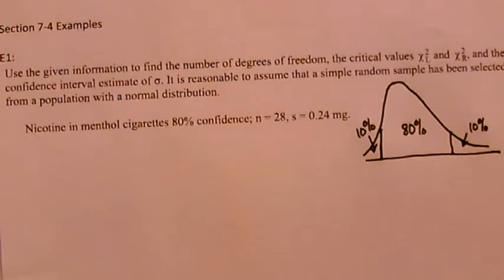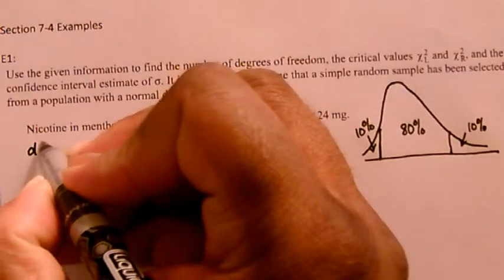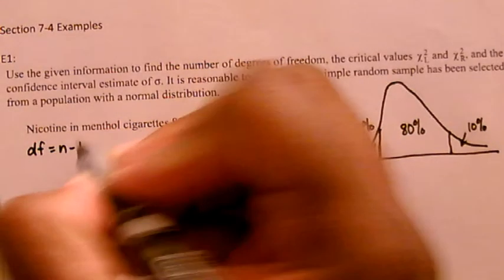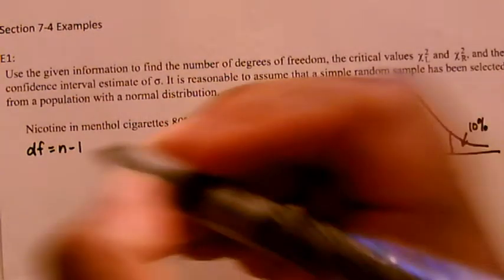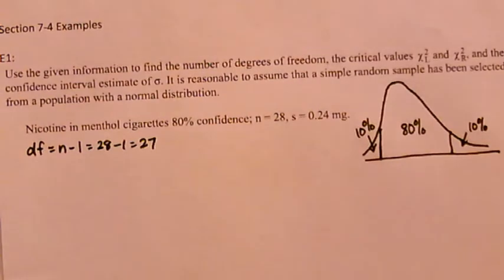Okay. So now let's first find our degrees of freedom. That's n-1, which is 28 minus 1, or 27. So our degrees of freedom is 27.